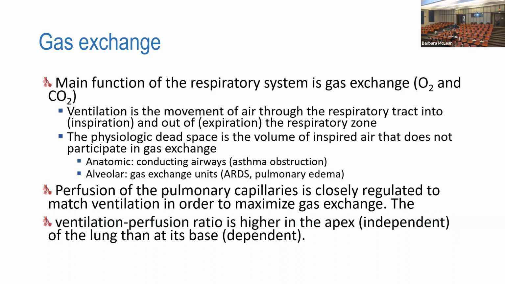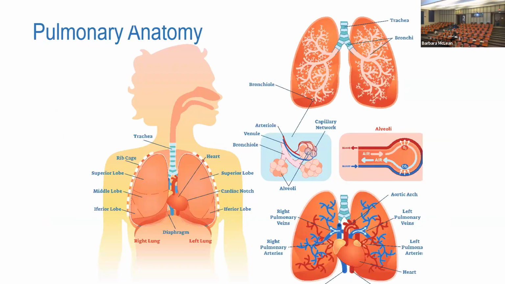If I look at my lung, I hope I have a picture here. I may not have a very good picture, but I'll just use my cursor. I'm standing upright, and at the base of my lung, more blood is in the base than gas is. So in relationship, ventilation to perfusion, the perfusion is higher and the ventilation is lower.